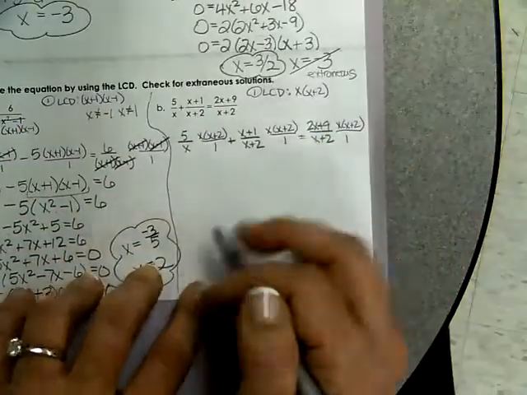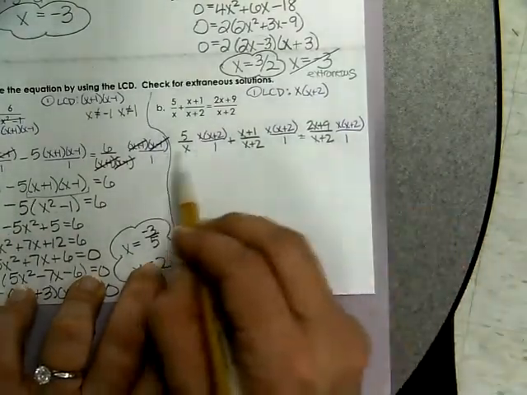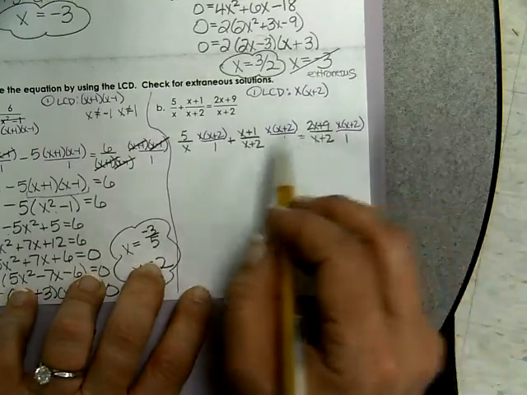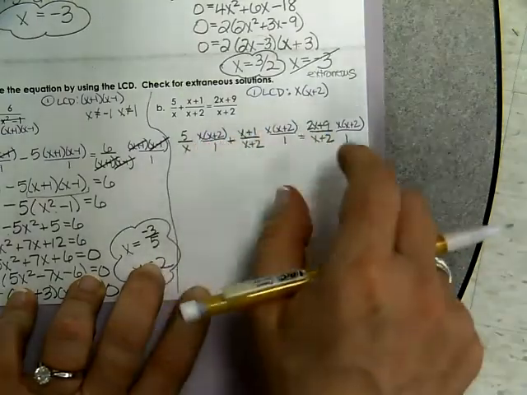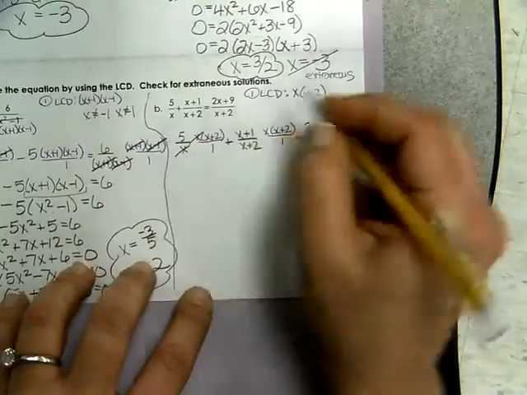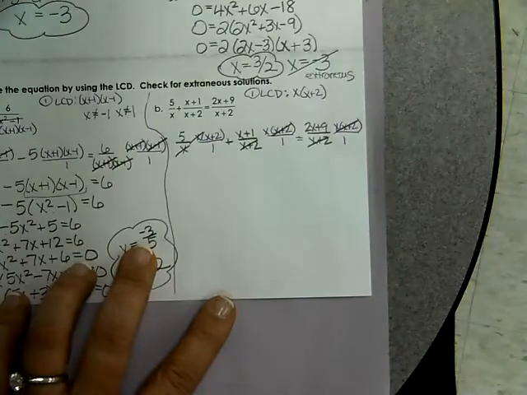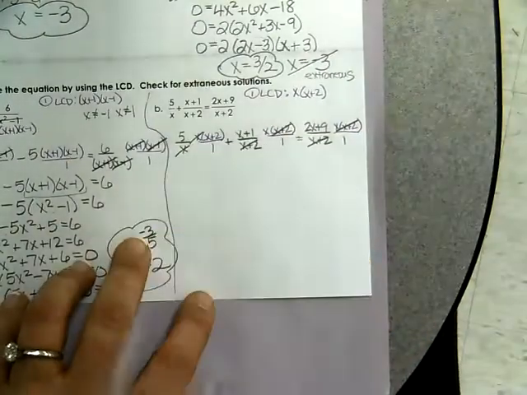So please practice these steps. So now in step 2, I have this written out really nicely. I've distributed the least common denominator to each term on both sides of the equation. So now I can cancel my denominators, and let's see what I have left.